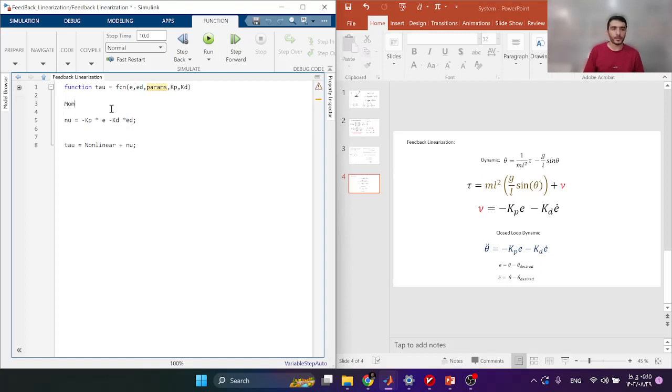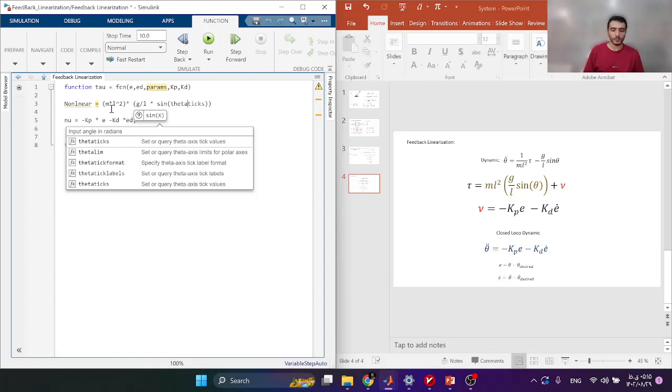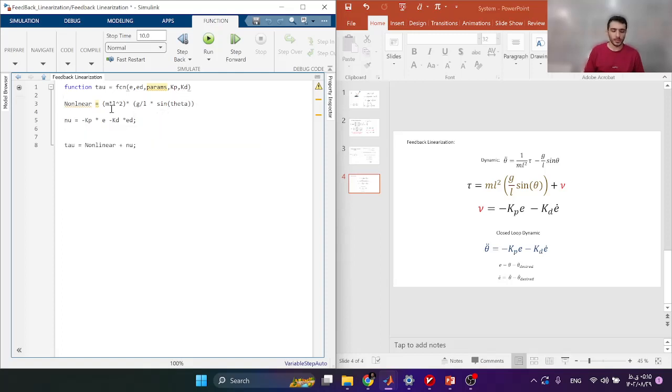And the nonlinear term will be ml squared times g divided by l times sine of theta, that we need to import the q value here, that is the theta is the first element of the q.